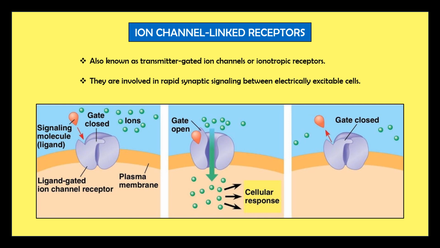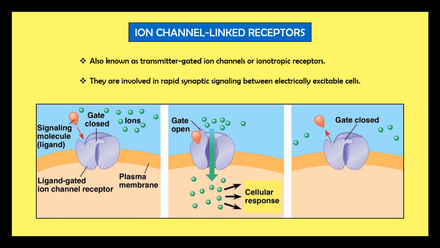But after binding of the ligand to the receptor, it opens the ion channels, which facilitates the passage of ions into the intracellular fluid. Thereby, it goes through the cascade of reactions, giving us cellular responses.